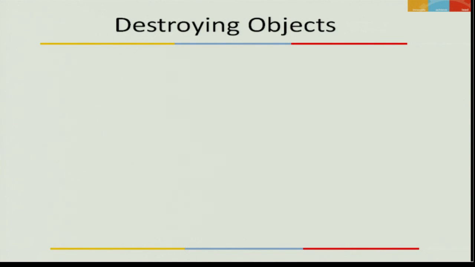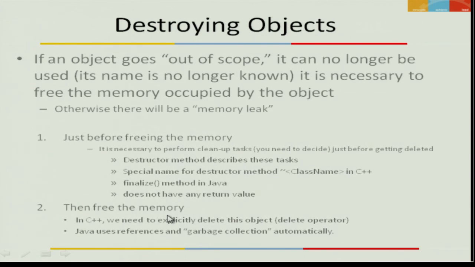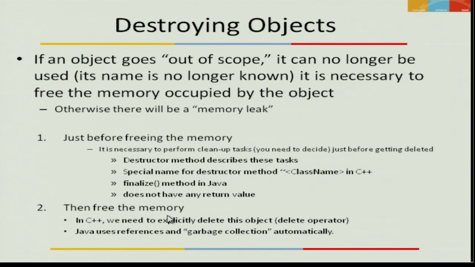Therefore, object destruction is directly related to object creation. As an architect, you need to understand this in great detail. If an object goes out of scope, it can no longer be used. Its name is no longer known, but it is necessary to free the memory occupied by the object.